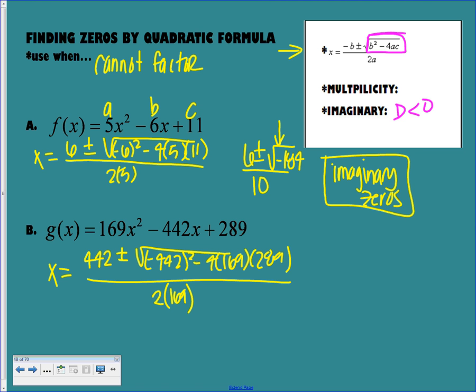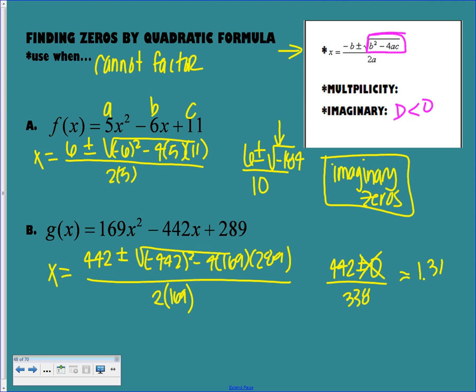Again, type in everything underneath that square root. When you do that, you get 0. Now, when I plus or minus 0, I still get 0, so this doesn't matter. All we get is 442 divided by 338, which is approximately 1.31.